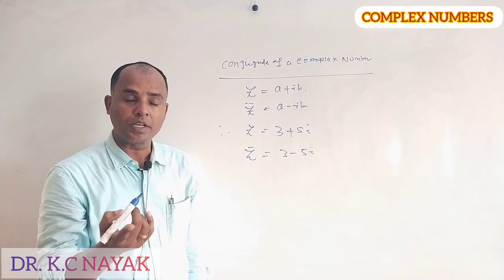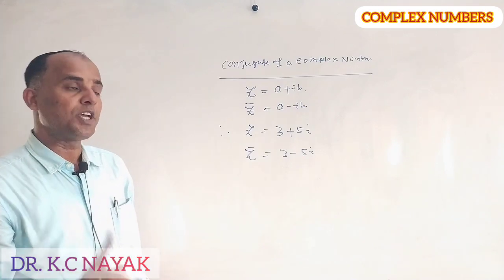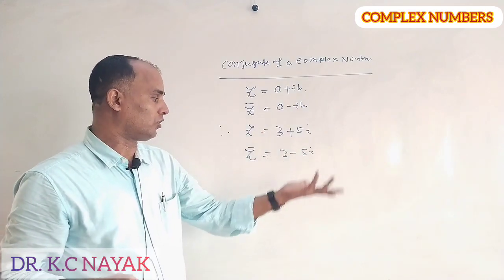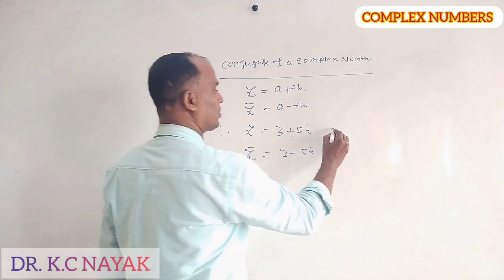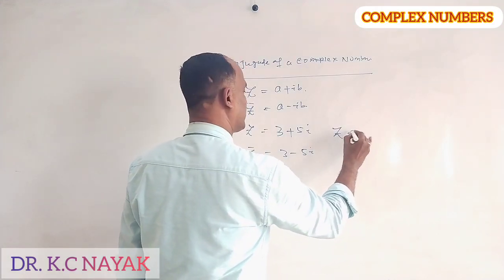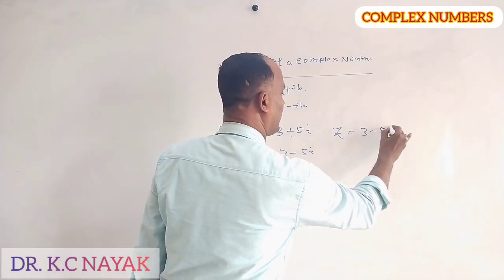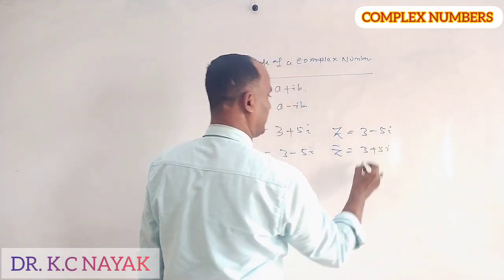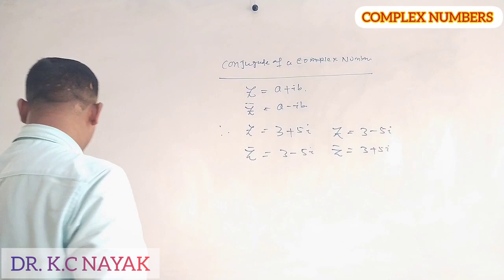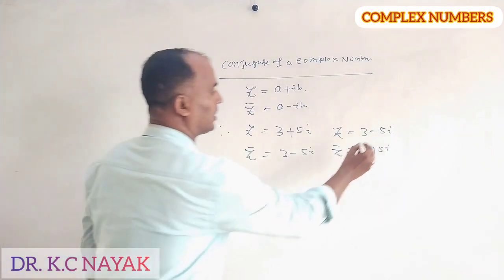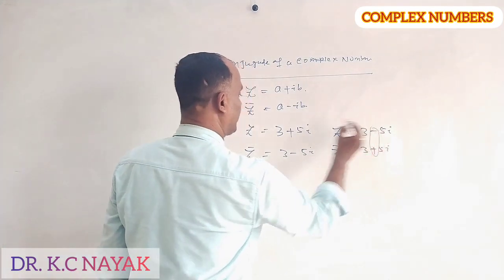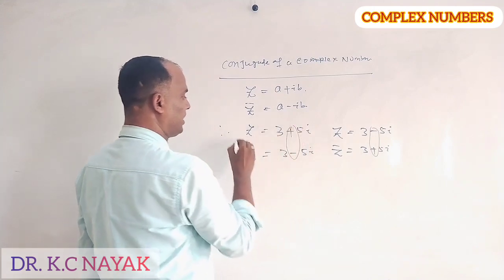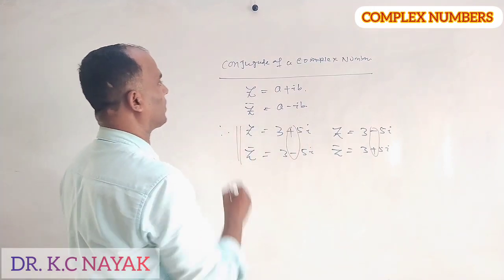If it is positive, in the conjugate it is negative. If it is negative, then we convert it into positive. For example, if Z is equal to 3 minus 5i, Z conjugate is equal to 3 plus 5i. That is the conjugate of a complex number.